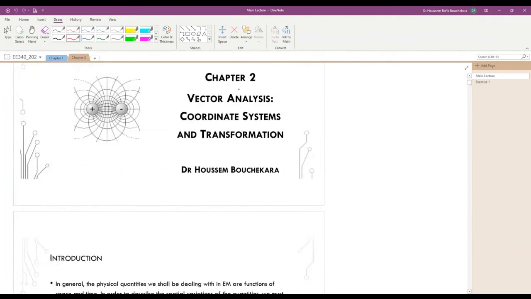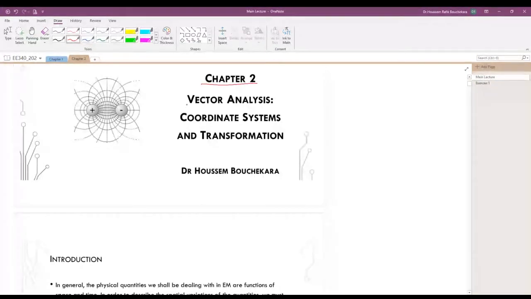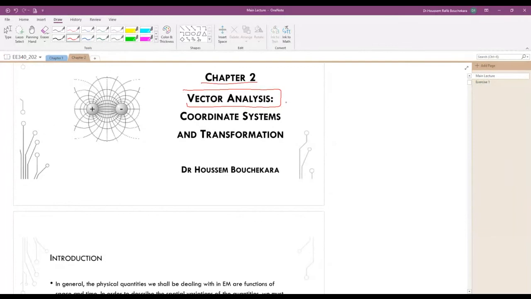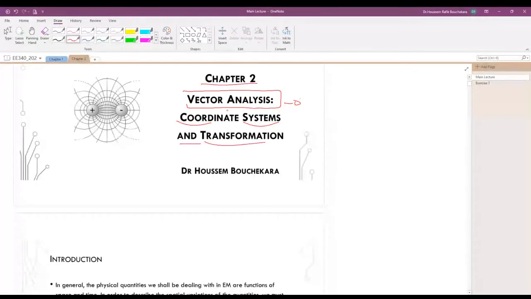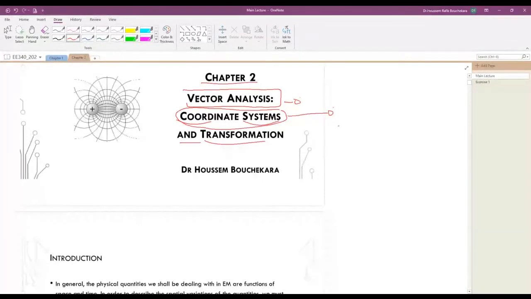Okay, let's start chapter number 2. Okay, again we are still in the first part, vector analysis, but now chapter number 2, which is the coordinate systems and transformation. What do you know about coordinate systems يا شباب? Or what do you mean by coordinate systems?